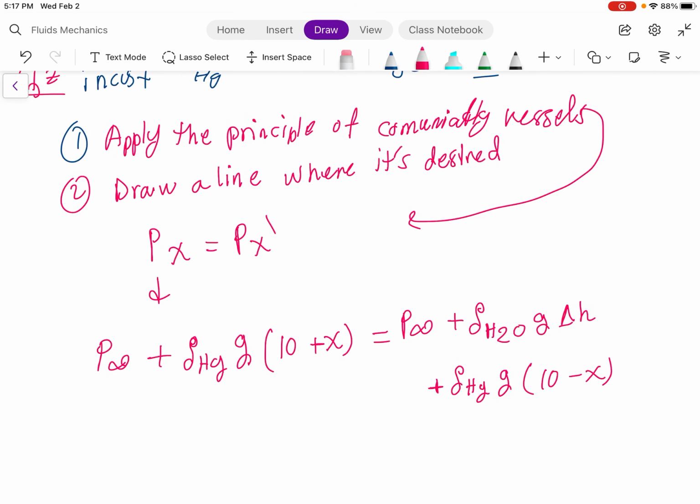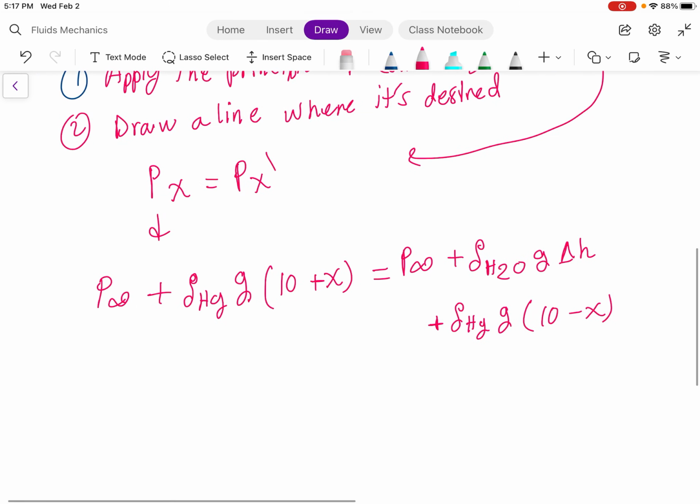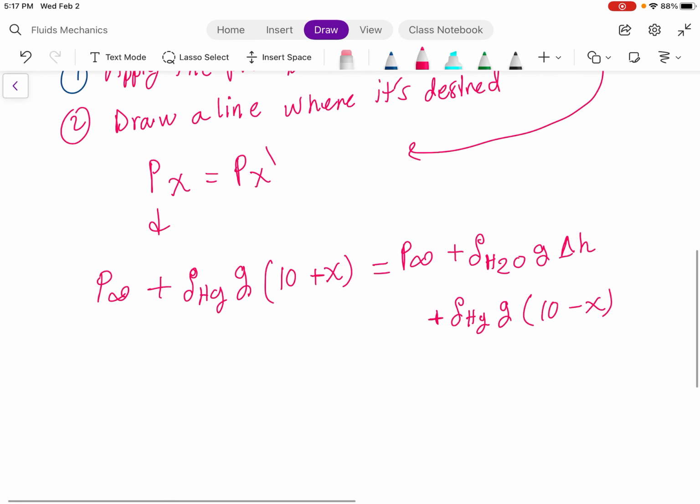So we have this equation now. We can cancel like terms, right? Do the algebra. This was cancelled, and 10 from here and 10 from that side.